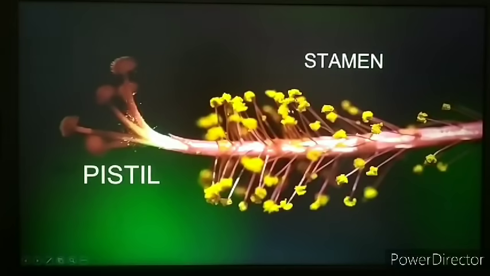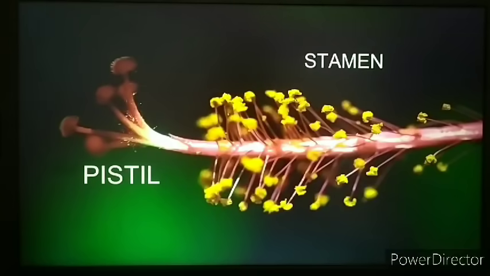So, this part of the flower is where the pollen grains need to go so that the flowers can make seeds. So, what is this part called? Yes, it is called the pistil. It is the female part of the flower where pollen needs to reach so that the flower can make seeds and fruits.